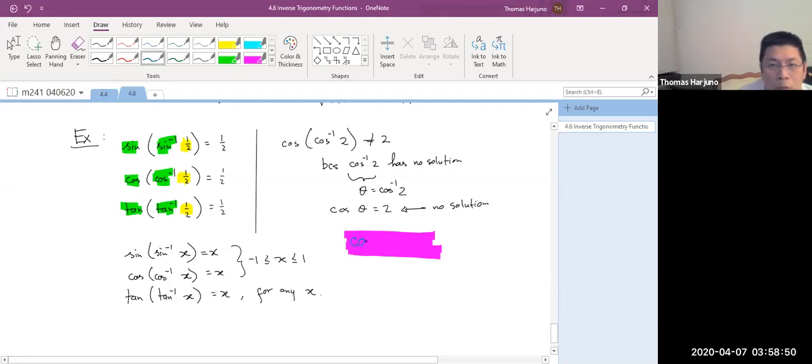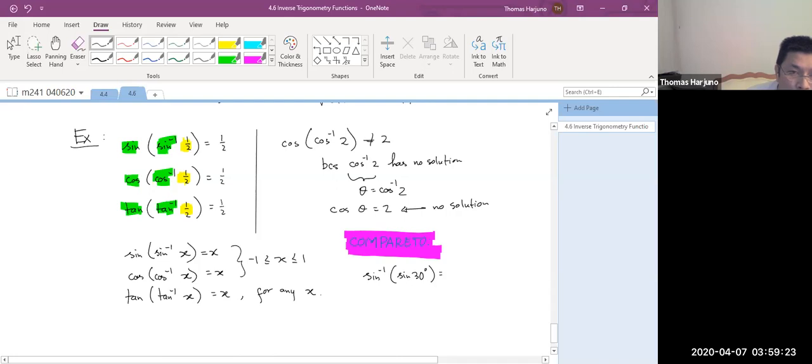Compare to, suppose I do the following. Sine inverse of sine 30 degrees. You see in the last expression here, the inverse is outside and then the trig function is inside.